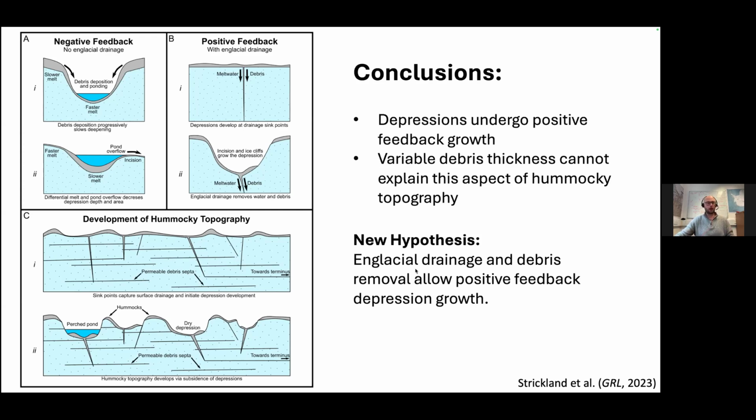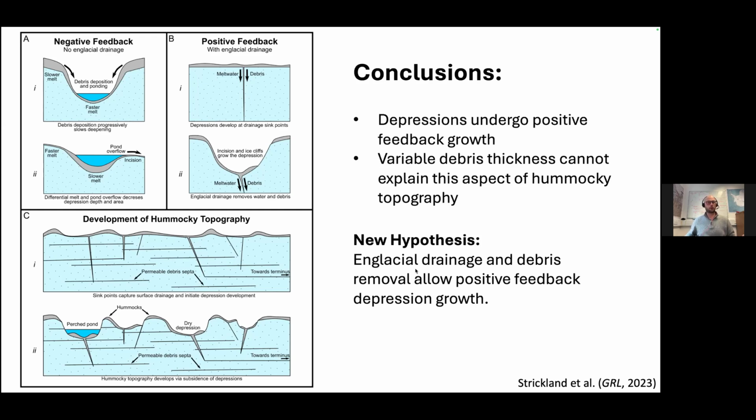This has been documented for at least the last 20 years, if not more. But what we're really examining here is that I'm arguing that these depressions are the result of englacial drainage. And we believe, or at least I believe with these observations, that this is the way that we're going to get positive feedback growth, is by removing the debris.